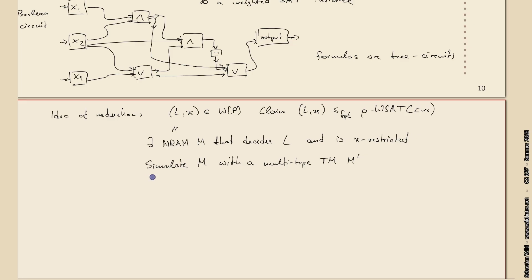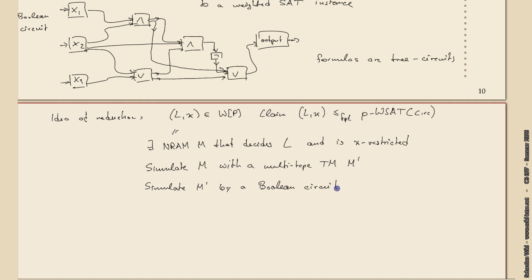And then we simulate this Turing machine by a Boolean circuit. That's a similar construction as for the proof of the Cook-Levin theorem.